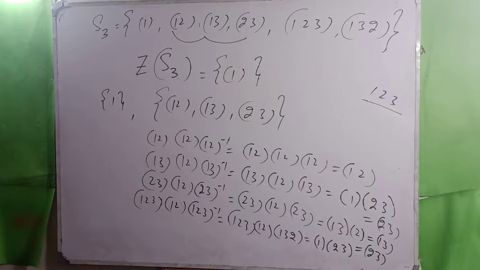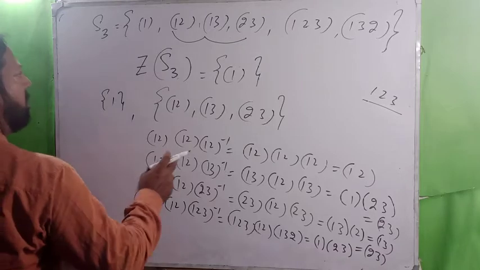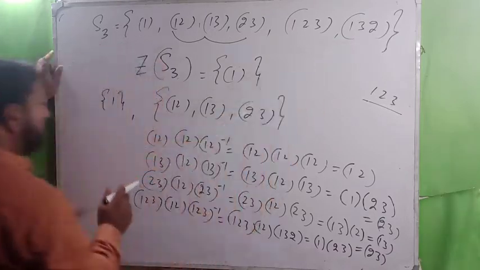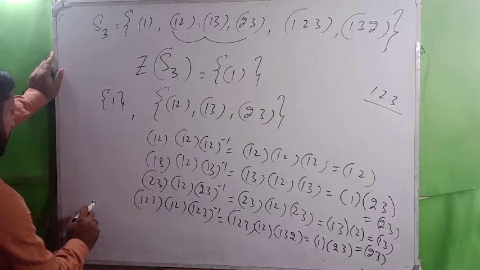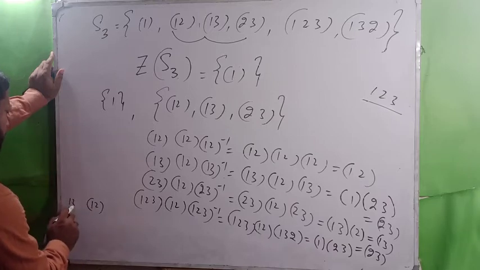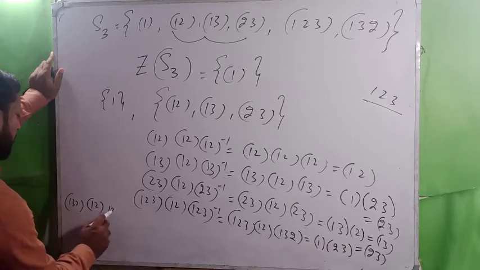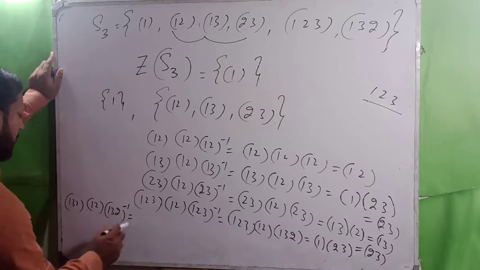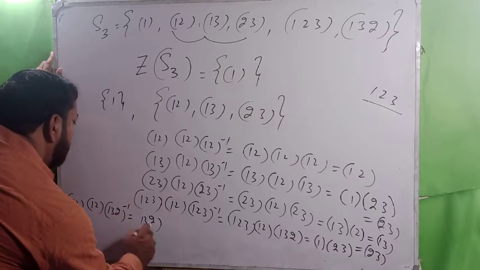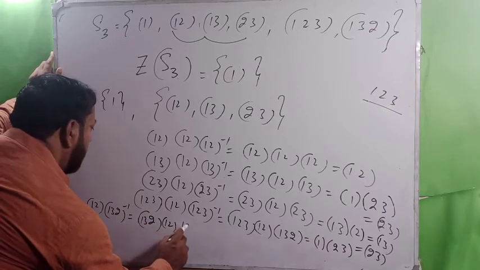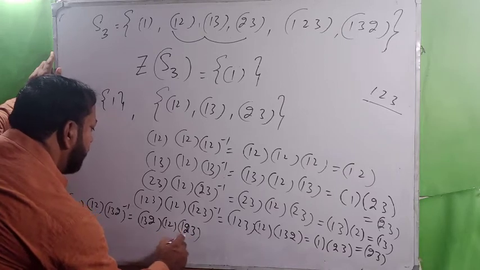And lastly, we have another element, (1 3 2). So (1 2) into (1 3 2), so (1 3 2) inverse, and you know that this is equal to (1 3 2)(1 2)(1 2 3).